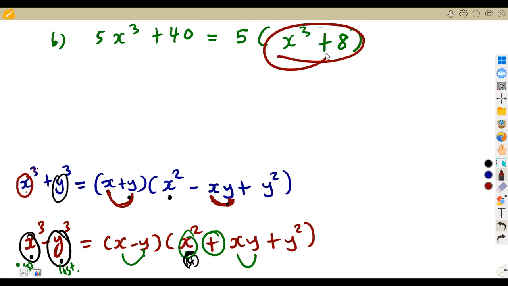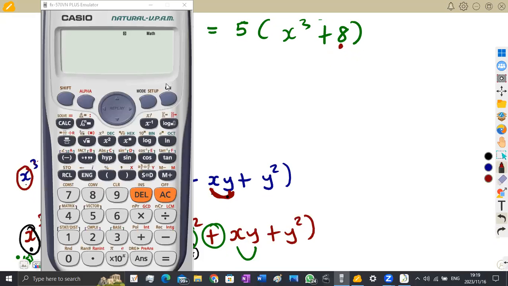Which you have to check again. Am I having back the perfect cube? Already here I'm having a cube, but what about 8? Remember we worked with 8 before. We saw that this one, it's a perfect cube. But even though you have forgotten, go back to your calculator, all right? As usual, find the cube root and check again, because it can be a possibility of having a sum of two cubes from there.